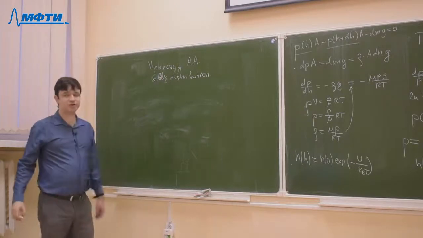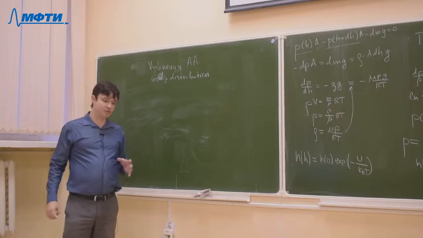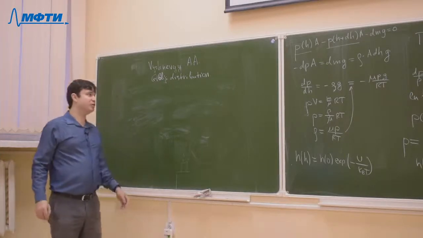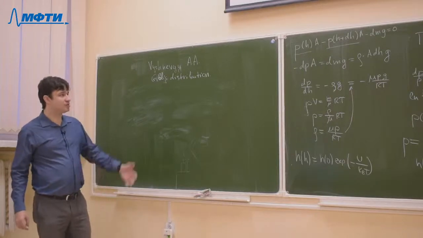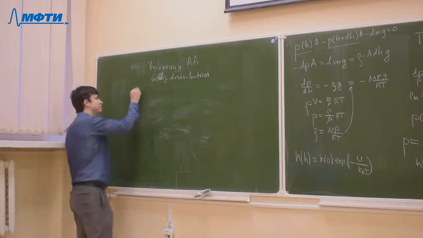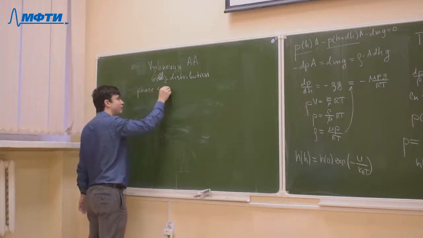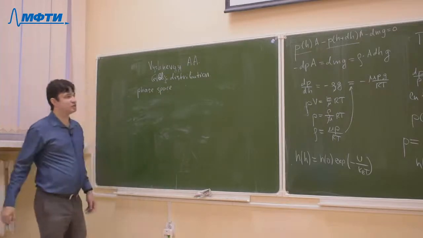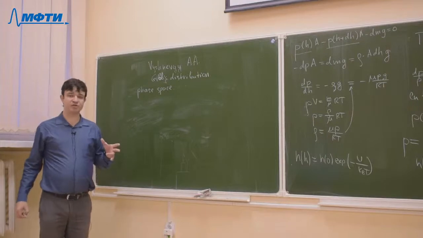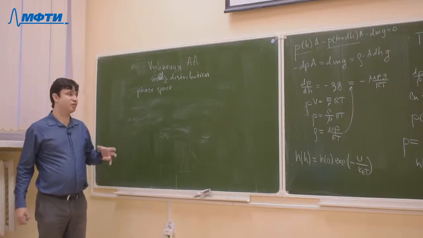Gibbs distribution describes a probability density to find any dynamical system at any given point of a phase space. So in order to proceed, I first give a definition of a phase space. Phase space is a space which contains both spatial coordinates of all molecules in gas and also velocities of all molecules in gas.